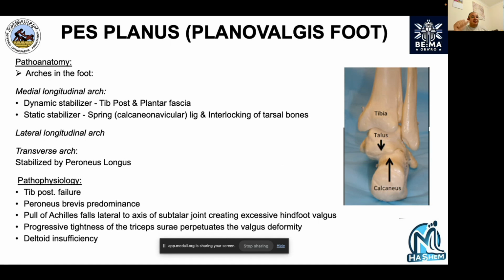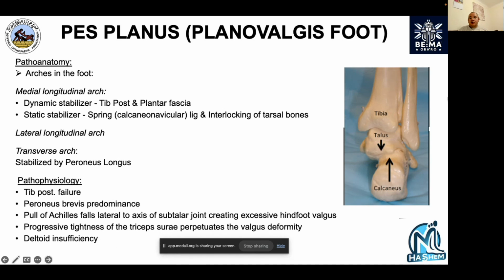If we remember, the tibialis posterior function is to plantar flex the ankle, invert the hindfoot, and adduct the forefoot. When we lose this, the ankle easily goes into dorsiflexion, the midfoot is a flat arch, the hindfoot is in valgus, and the forefoot is in abduction, because the counteracting muscle, which is the peroneus brevis, is predominating over the failing or weak tibialis posterior.